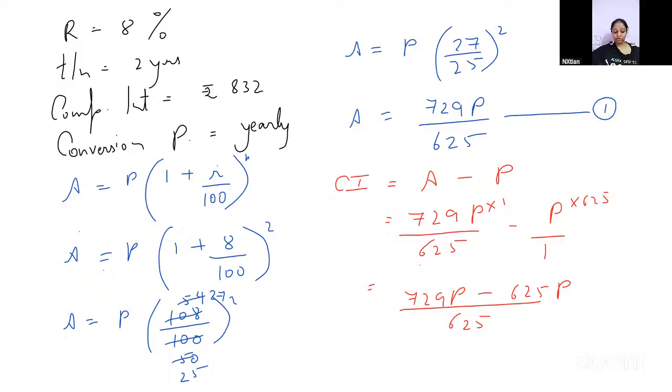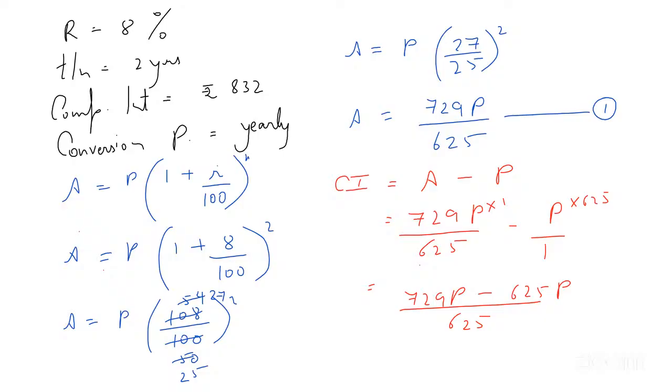So for 729P minus 625P, subtract it. 729 minus 625 is 104. And the CI value you can put here.